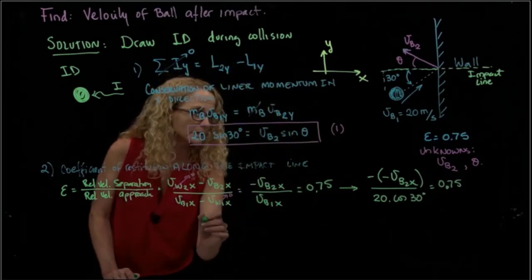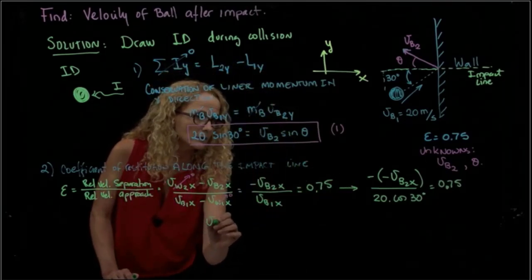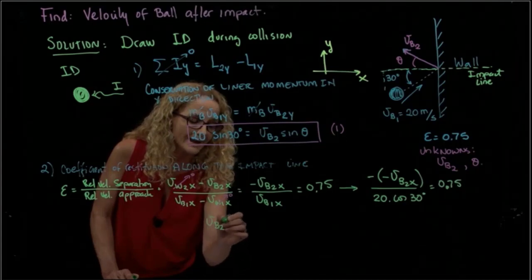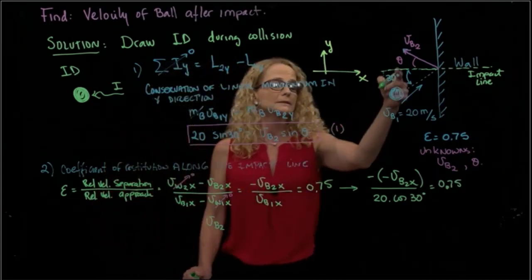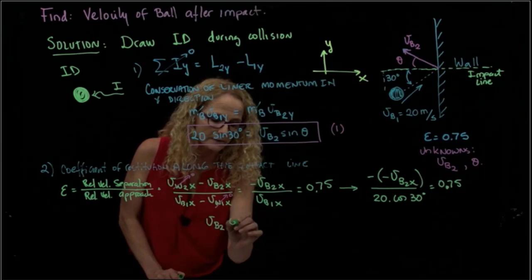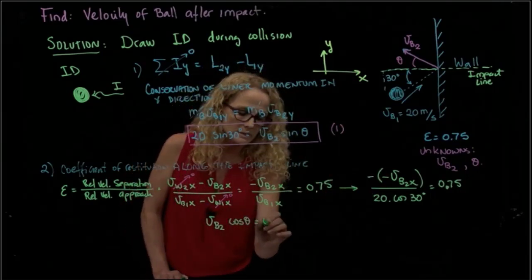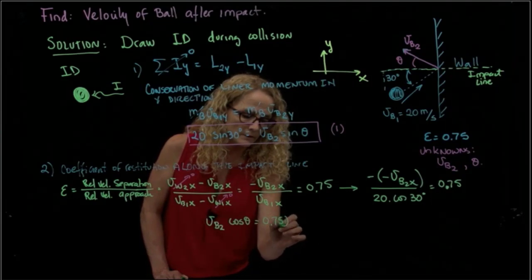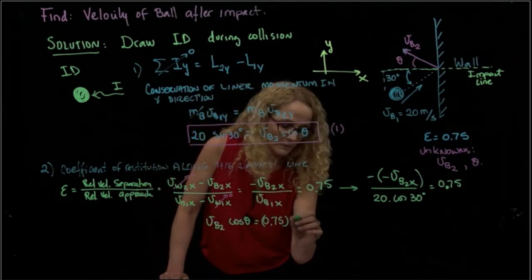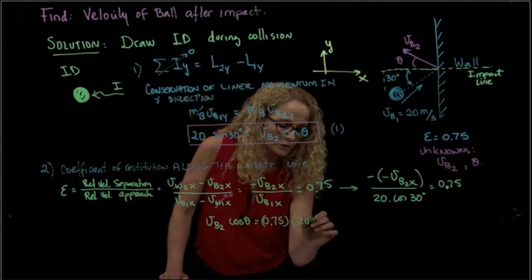We can write our second equation as velocity v2x, and velocity v2x is v2 cosine of theta, is equal to 0.75 times 20 cosine of 30.